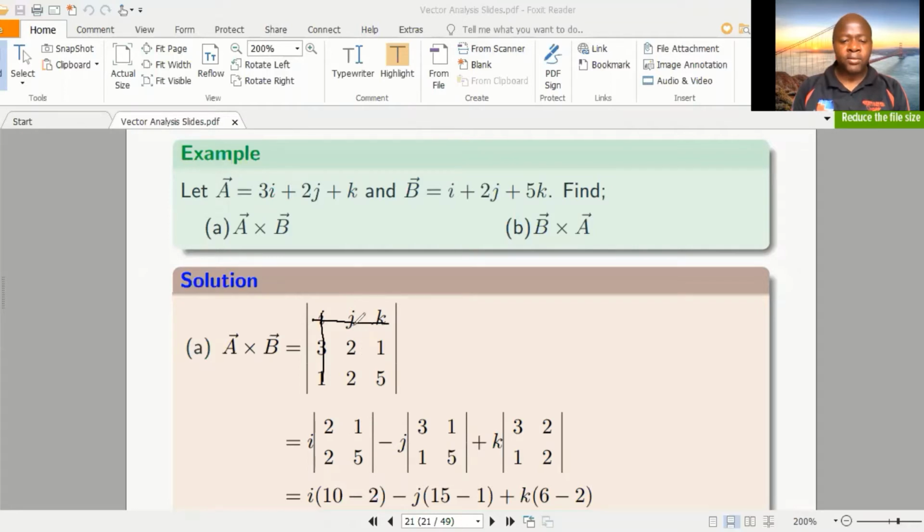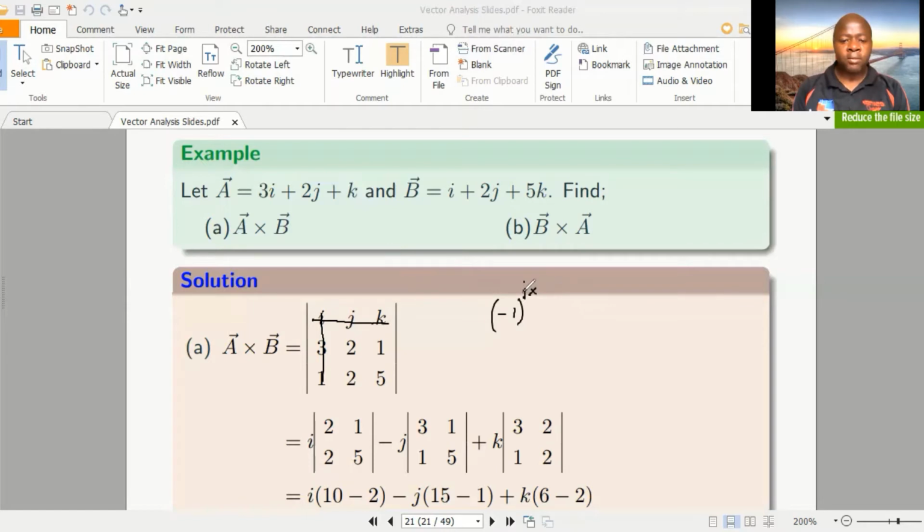And then it will be negative J, and you know how the negative comes in. The negative is coming from the position of the element. You take negative 1 raised to the position of the element, that is, the row of the element and the column of that element.